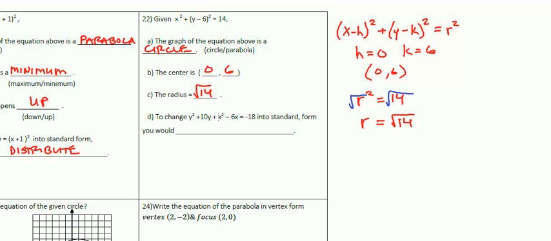So we've learned in class that to get this general form of a circle to standard form of a circle, we actually have to go through the process of completing the square. So in this case, to change the general form into standard form, you would complete the square. And that would give you a circle form that would show you what the center of the circle is, as you see right here, and what the radius is.